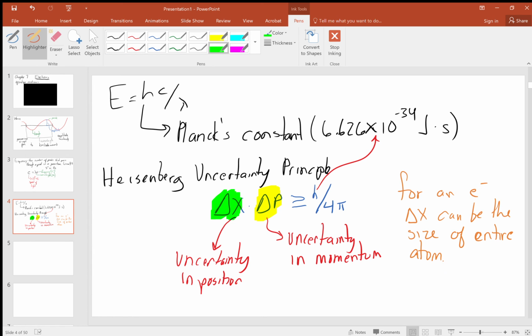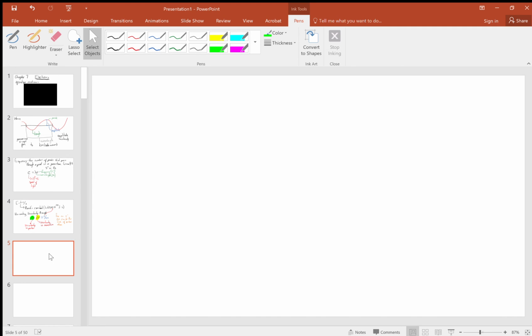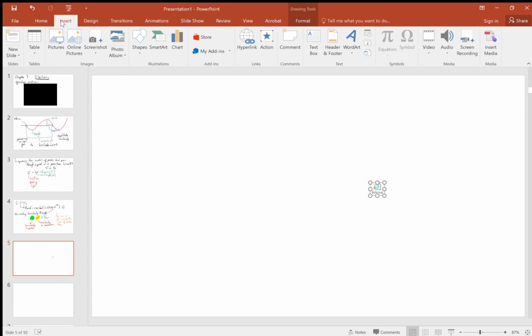So once Heisenberg did this, we left off in chapter 2 with the Bohr model of the atom. So let's see if we can bring that in here.